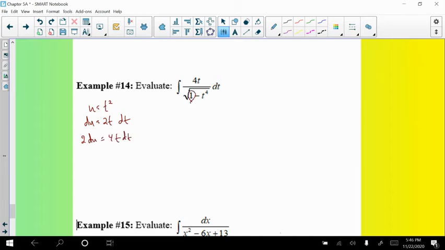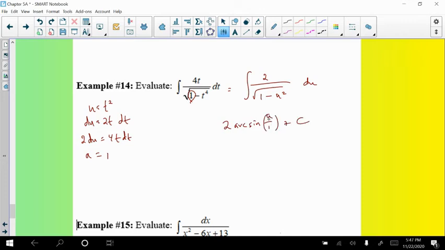And in this case, again, a is equal to 1. So this would fit the structure. So I've got 2 du over the square root of 1 minus u squared. So this fits the structure of arc sine. And there is no 1 over a, so we just have the 2. Arc sine of u over a plus c.